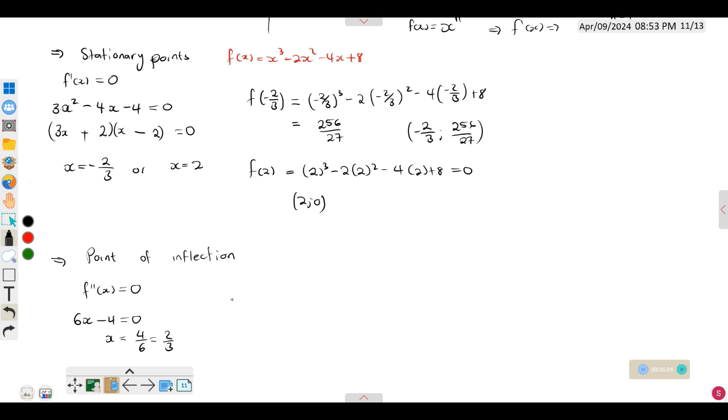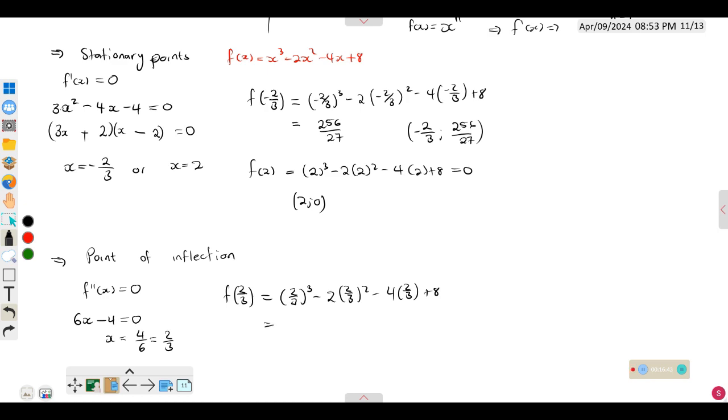So we are going to substitute now. We are going to look for f of 2 over 3 in order to find the y coordinate that corresponds to this. Back to the original equation, this becomes 2 over 3 cubed minus 2 into 2 over 3 squared minus 4 into 2 over 3, then plus 8.